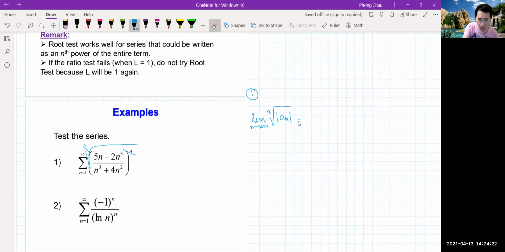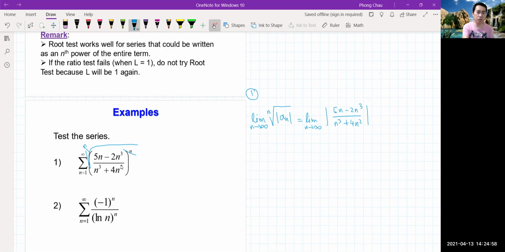And so you would end up with, actually I have absolute values, so it will become just the limit of the absolute value of 5n minus 2n cubed over n cubed plus 4n squared, absolute value.